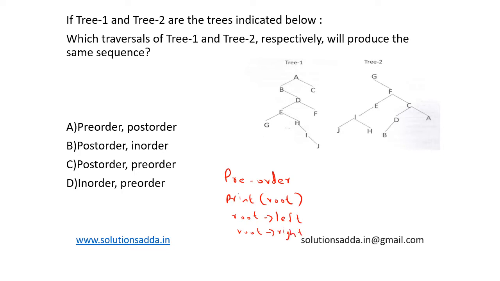This happens recursively. In post-order, we move to root left, then we move to root right, then we print root.